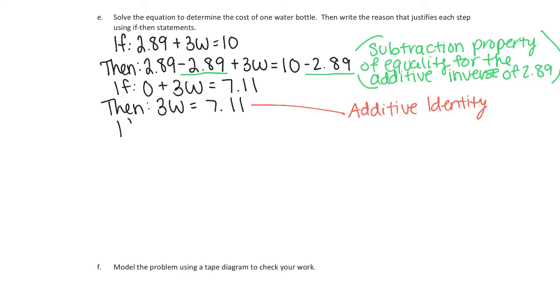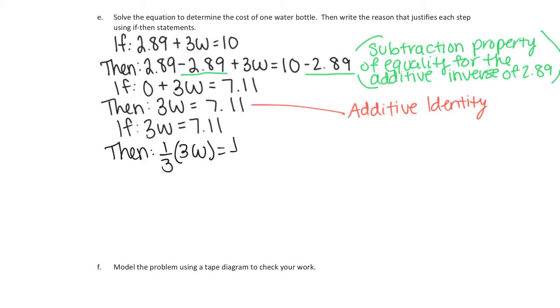Now, if we have 3W equals 7.11, then we need to take the multiplication property of equality using the multiplicative inverse of 3. Well, then the inverse of 3 is going to be 1/3. So now I have 1/3 times 3W equals 1/3 times 7.11.